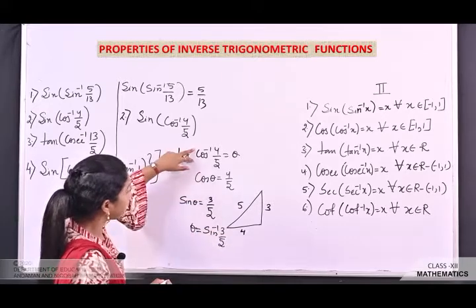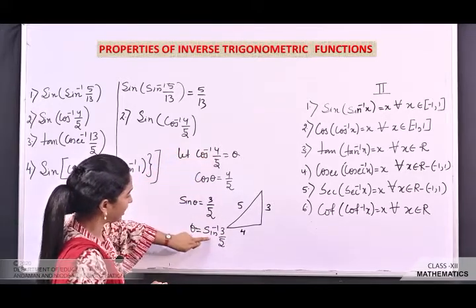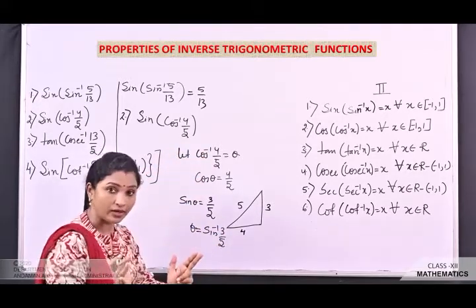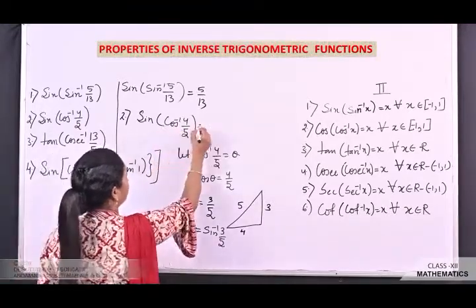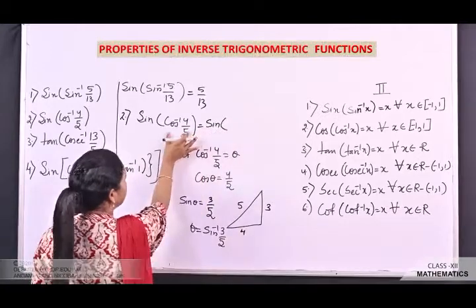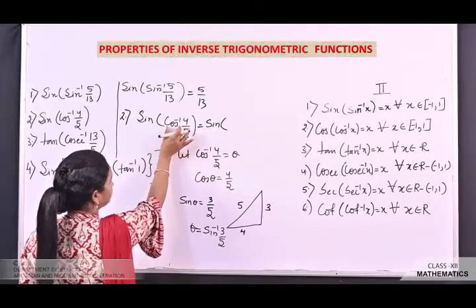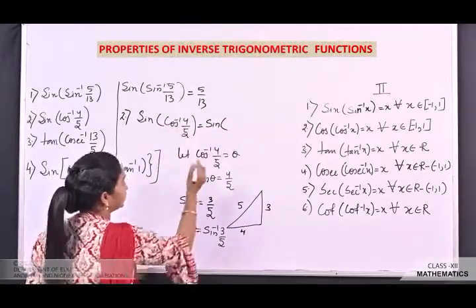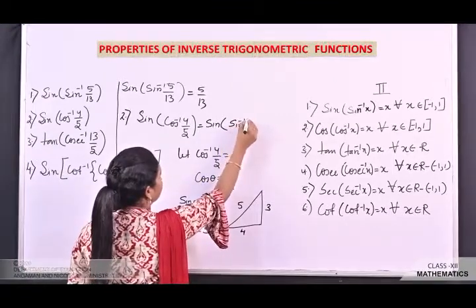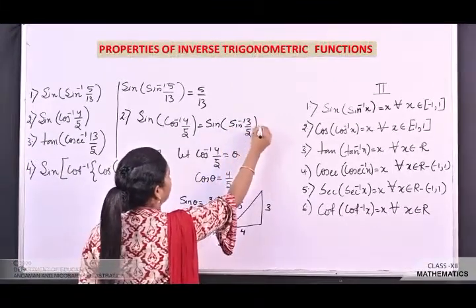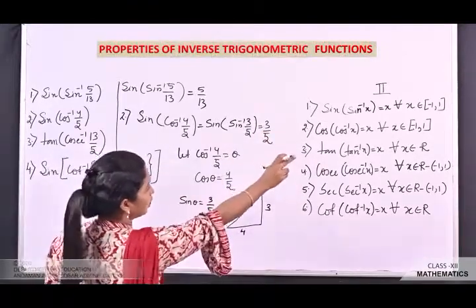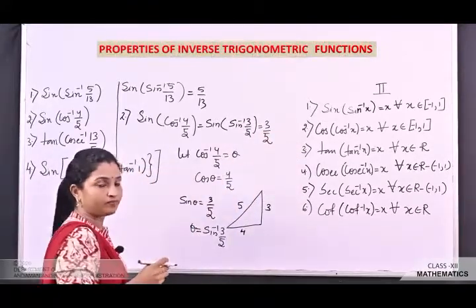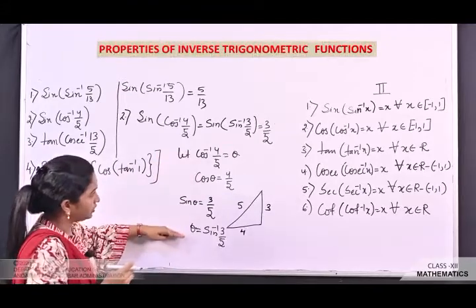That means cos inverse 4 by 5 and sine inverse 3 by 5 are equal. So you can write sine of cos inverse 4 by 5 as sine of sine inverse 3 by 5, which is nothing but 3 by 5, and 3 by 5 belongs to -1, 1. So this is the way you have to do this type of question.